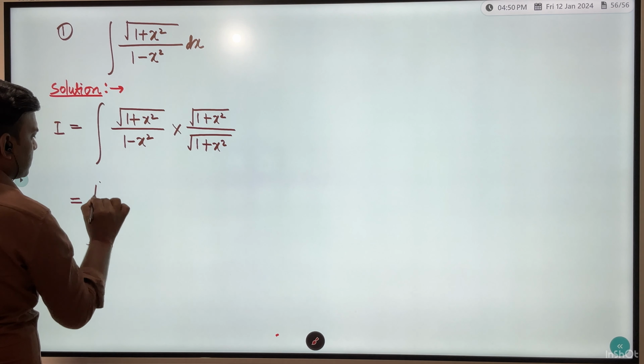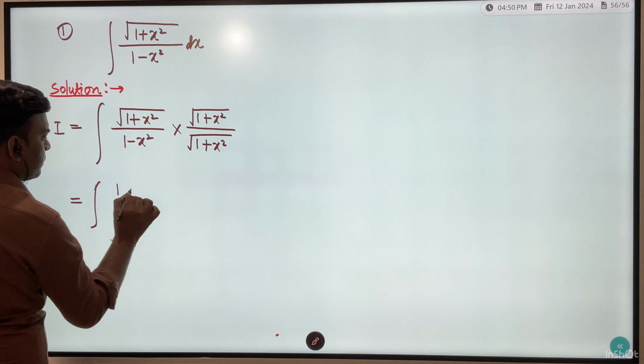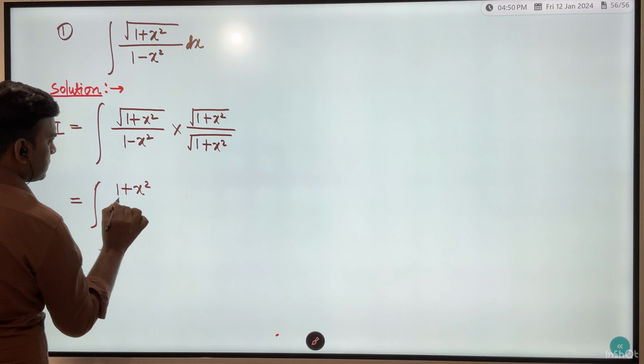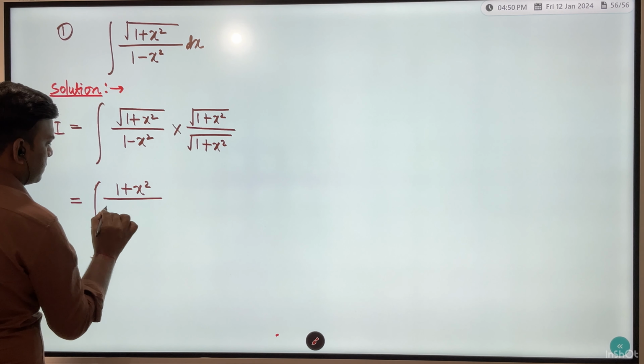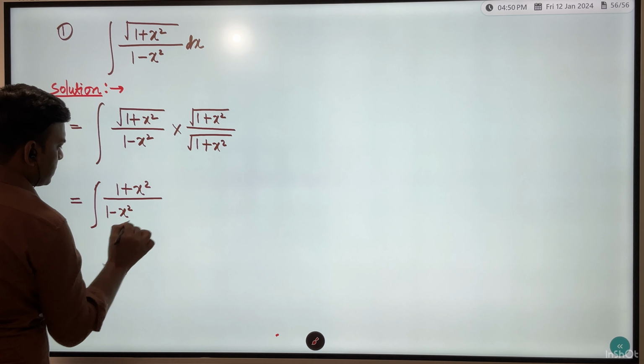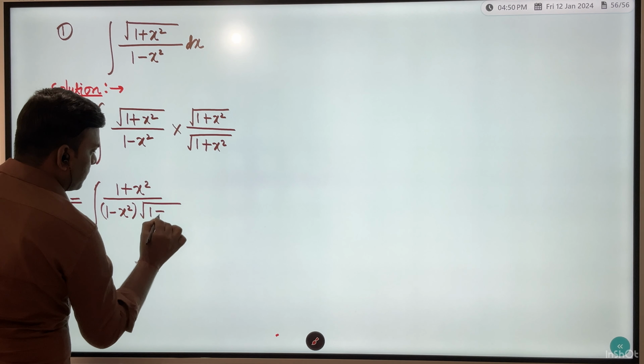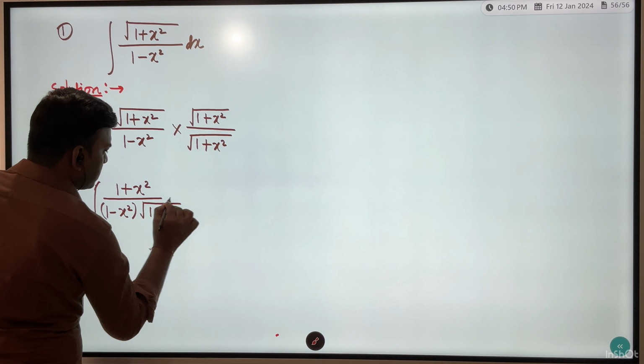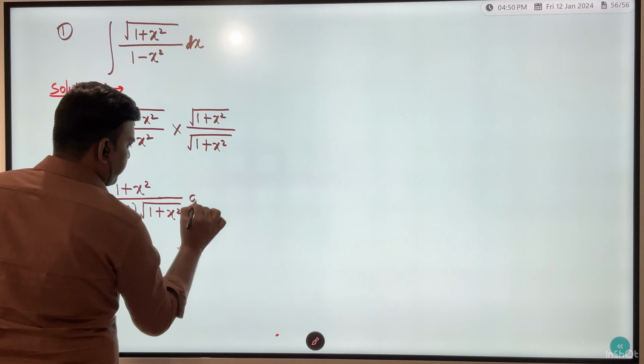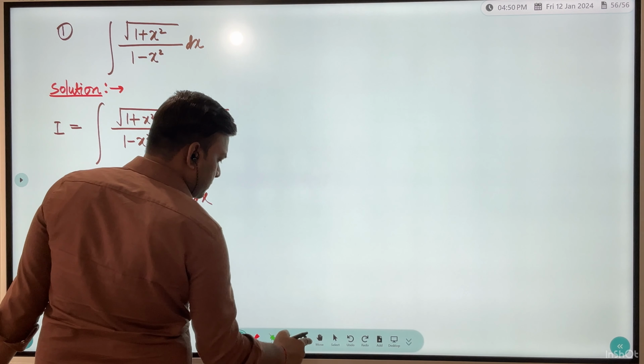So this can be written as 1 plus x square divided by 1 minus x square into a square root of 1 plus x square, dx.